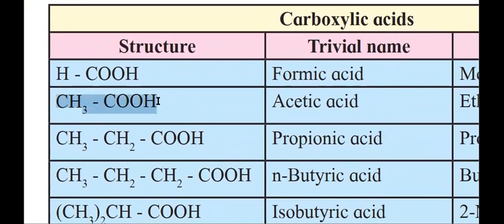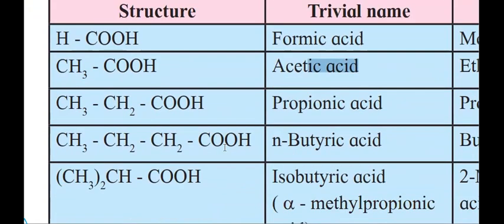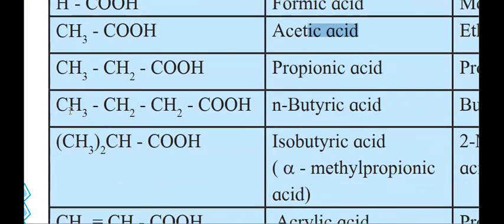Then CH3COOH is acetic acid. Then propionic acid. Okay, ic acid is important. Then with 1, 2, 3, 4 carbon atoms, it is called n-butyric acid.